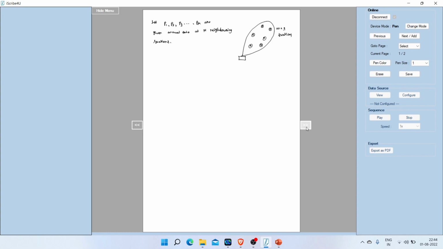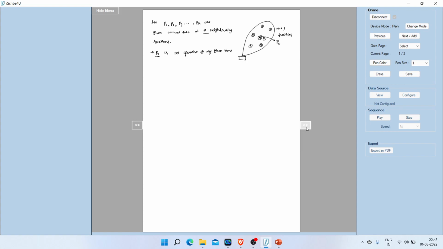Suppose the station Px is not operative at any given time. How can we estimate Px by using the information from the neighborhood stations? That we can see.